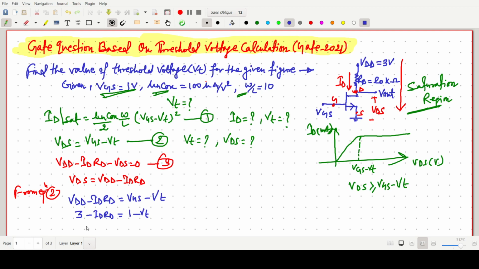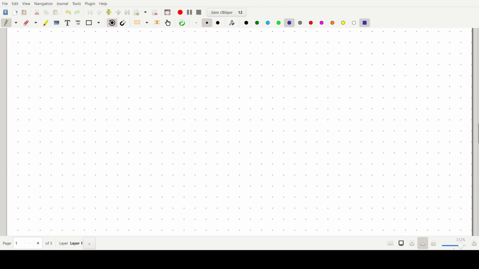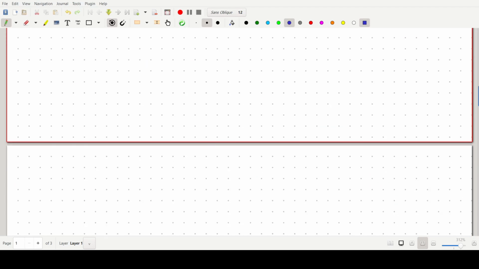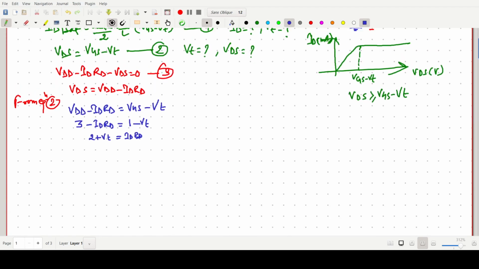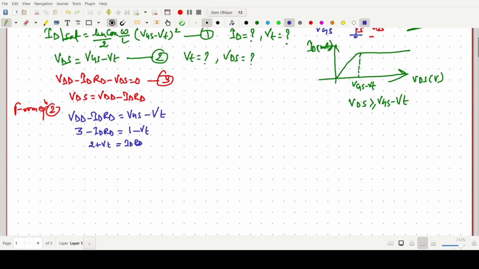So this can be written as 3 minus 1, that is 2, plus VT, equals ID RD. From this we find ID equals (2 plus VT) by RD. This is equation number 4.